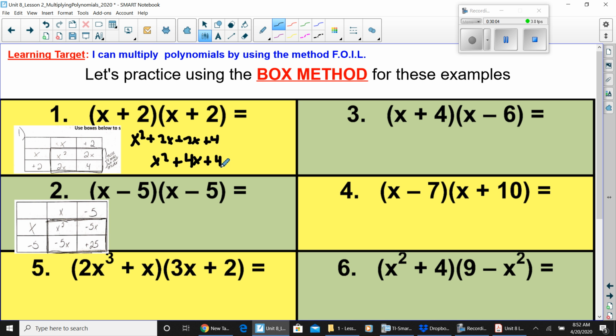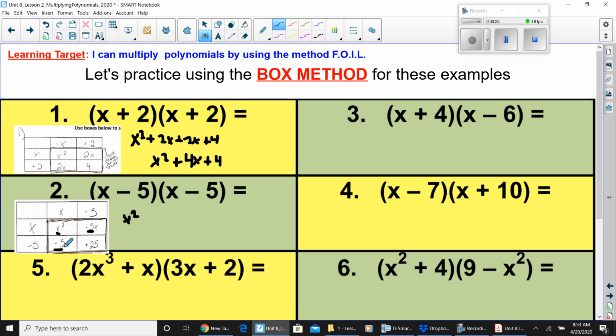For number 2, you have x minus 5 on the top, and then x minus 5 on the left. X times x would be x squared. That's how you get that answer. X times negative 5 would be negative 5x. And negative 5 times x would be negative 5x. And then negative 5 times negative 5 would be 25. When you put the terms out, there are 4 answers.